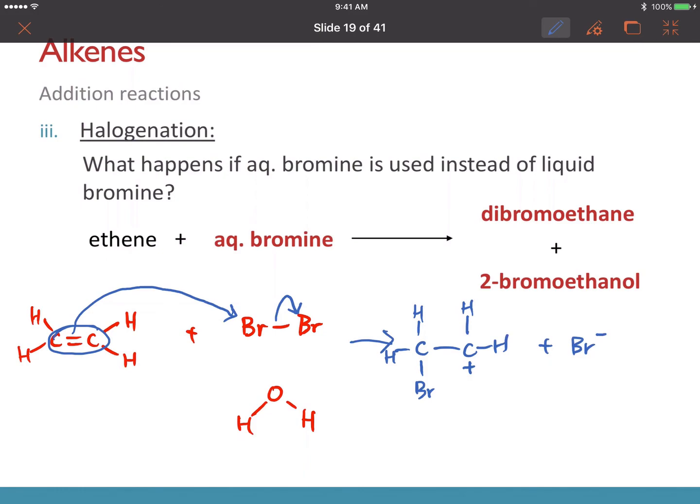Now if you think that there's a Br minus, there's a C plus, just join together. If they just join together like that, we'll get a dibromoethane.